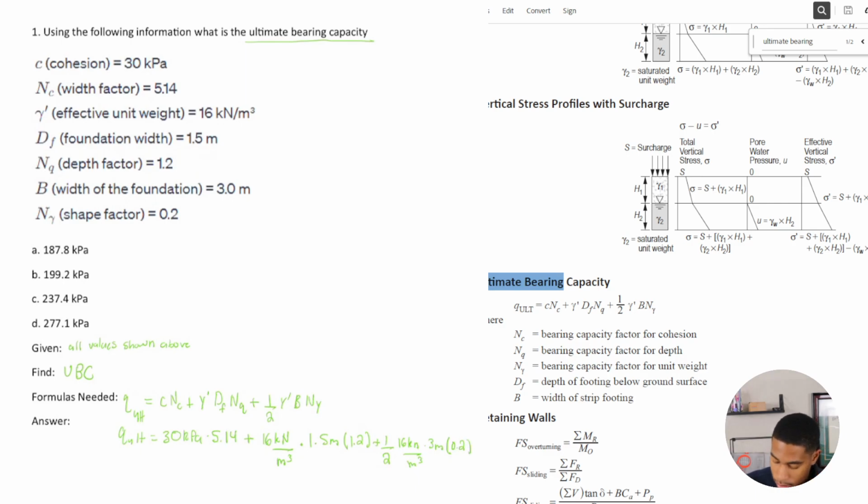Okay. So when I do all that, notice my units. This cancels to be meters squared, right?